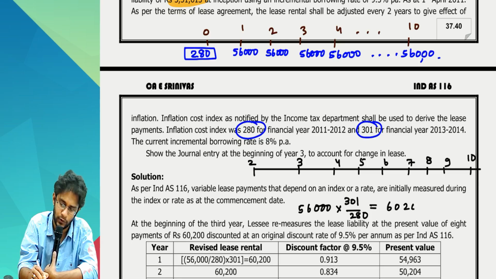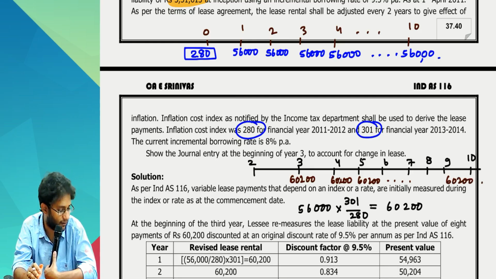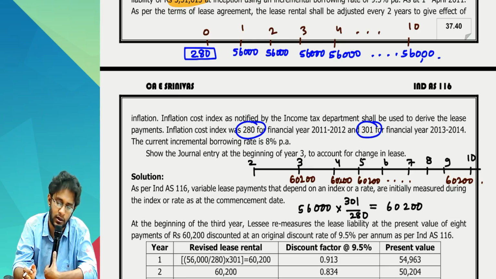That I am copying from the solution only, 60,200. So what you have to do is consider 60,200 for all the years. I know 5th year, 6th year lease rent will be different. At that time again we will remeasure. So consider 60,200 and remeasure your lease liability. Again remeasure your lease liability. So all the 60,200 for the remaining 8 years discounted using your original rate.